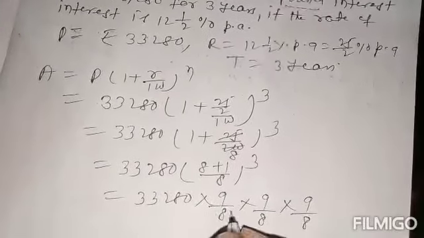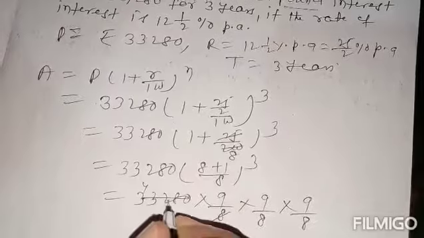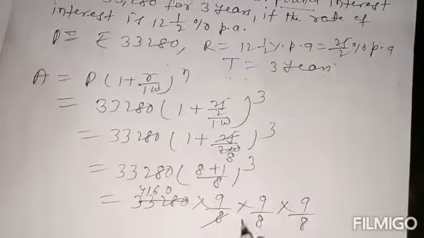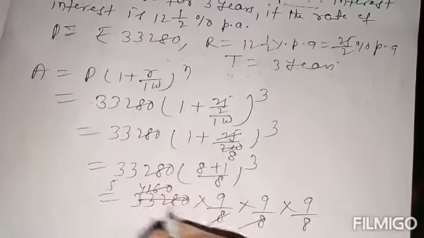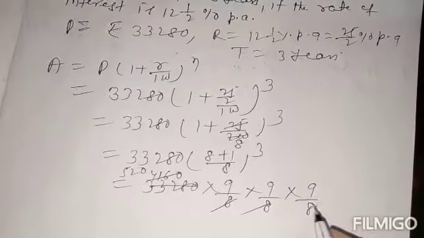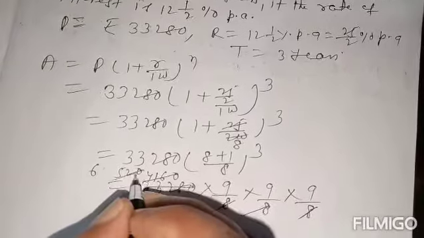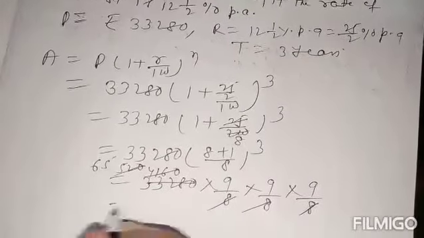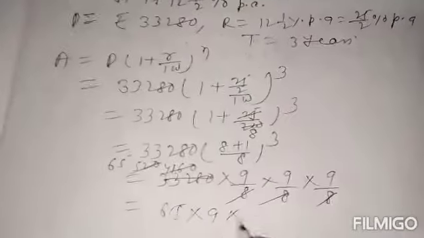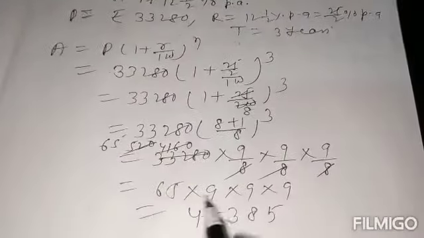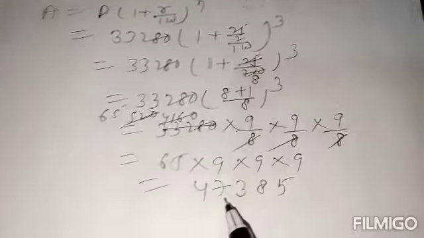Dividing 33,280 by 8 repeatedly, 8 into 33,280 gives 4,160, then 520, then 65. So now 65 into 9 into 9 into 9 is 47,385. This one is the amount.